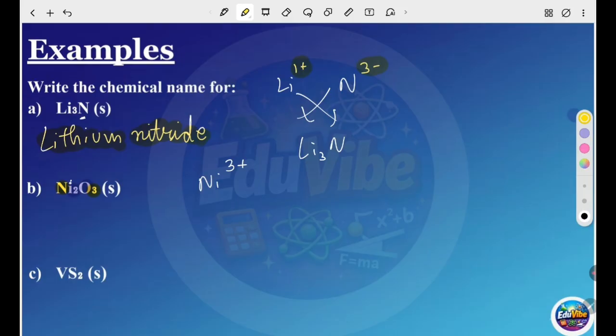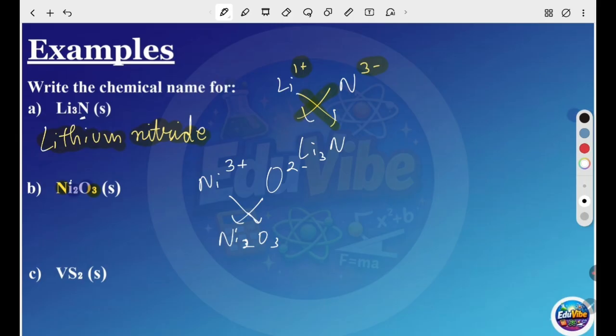We do this crisscrossing, that's why the charges are replaced. So if nickel has 3 positive, oxygen has 2 negative, and when they interchange we get Ni2O3.